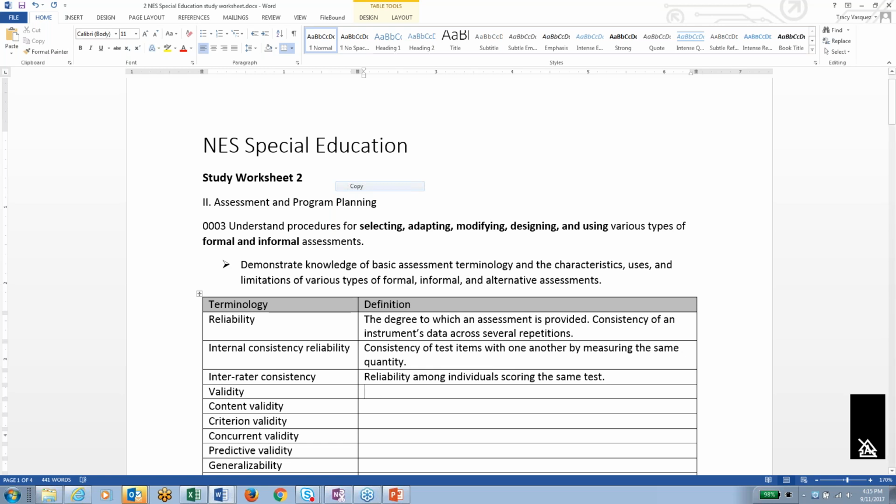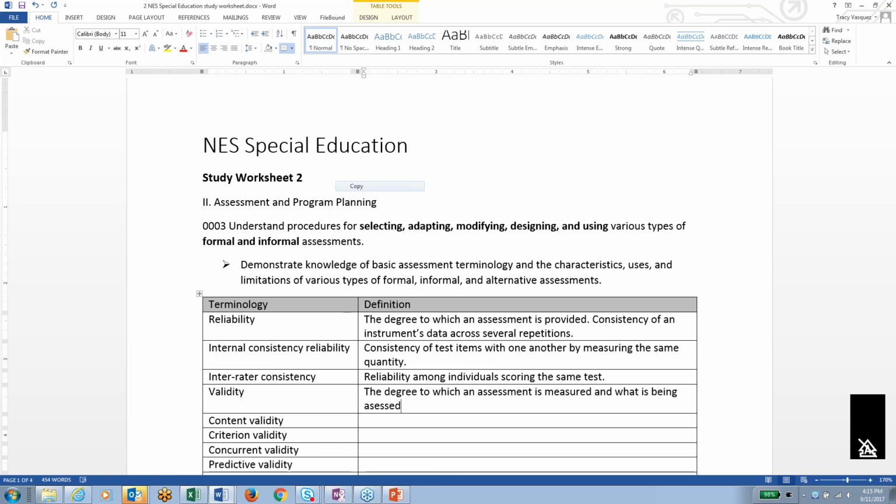Okay, let's move on to validity. Make sure you put your hand up if you're ready to share validity. Yes, Leisha? Okay, validity, is that how you pronounce it? Yes. The degree to which an assessment is measured and what is being assessed and what is supposed to measure and to make it true or correct.